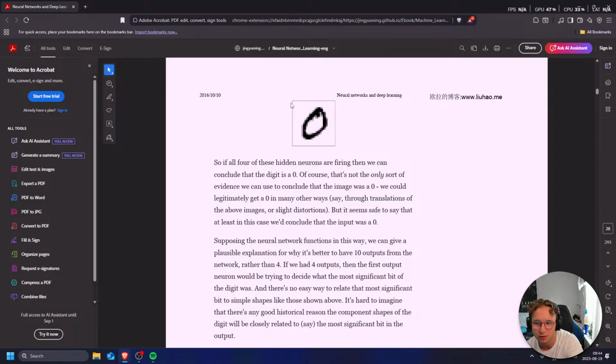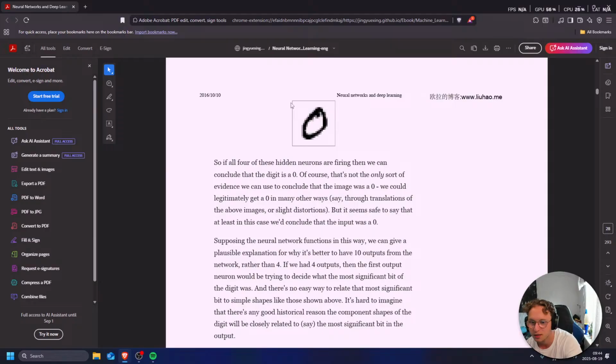Of course, that is not the only sort of evidence we can use to conclude that the image was a 0. We could legitimately get a 0 in many other ways, say through translations of the above images or slight distortions. But it seems safe to say that at least in this case we would conclude that the input was a 0.